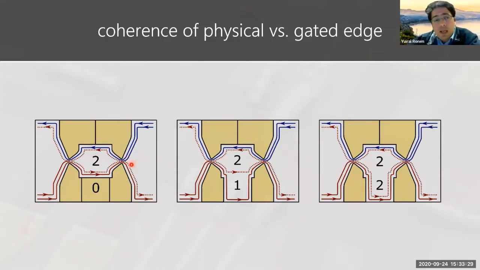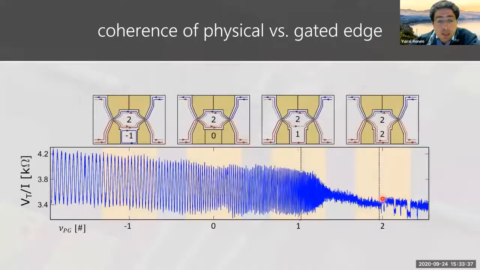Okay, so the idea here was basically to find the coherence length of the gate defined versus the edge defined. And what you can see here, as we change the plunger gate from filling factor 0 to filling factor 2, in filling factor 0, we see very large oscillation, and as the edge is on the physical edge, then we lose completely the visibility.